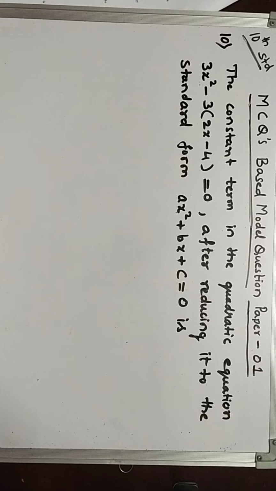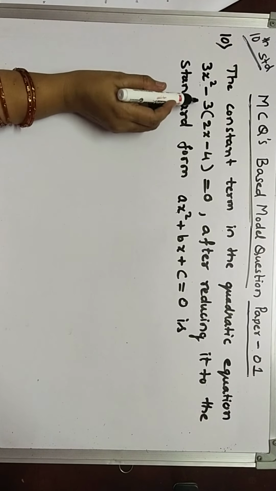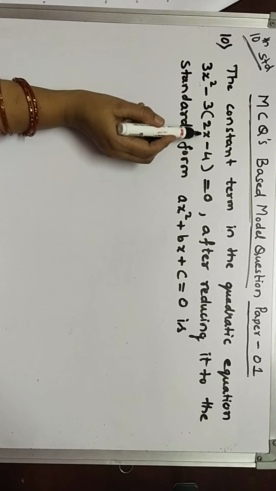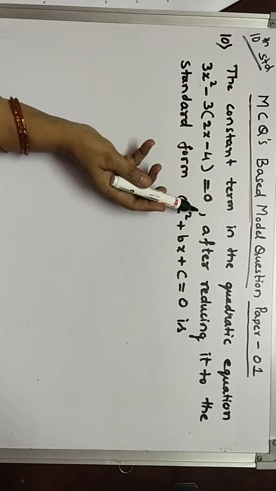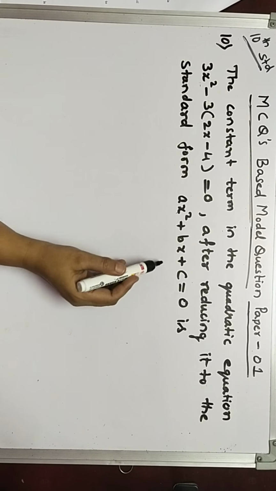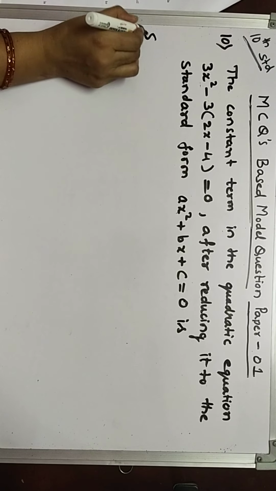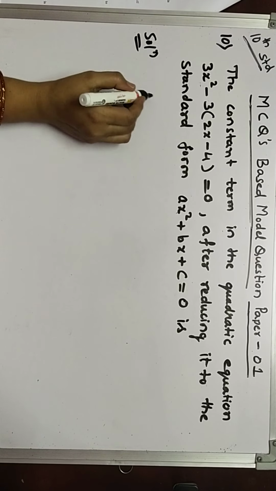And next, 10th question. The constant term in the quadratic equation 3x square minus 3 bracket 2x minus 4 is equal to 0, after reducing it to the standard form ax square plus bx plus c is equal to 0, is. So first you convert the given equation into standard form.